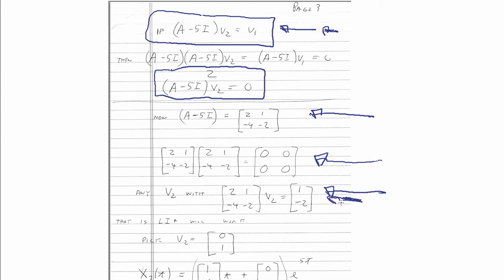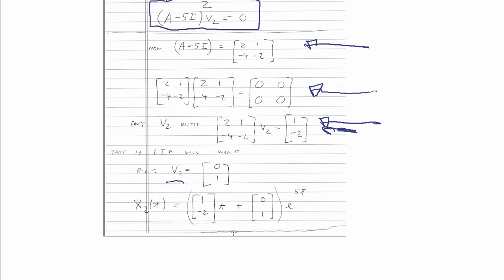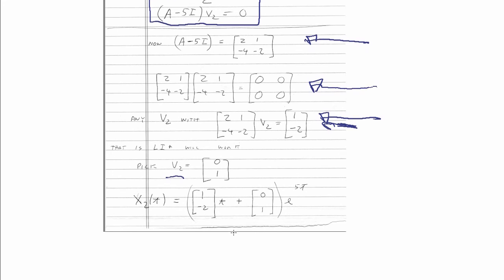Then just looking at it, you see that I can pick v2 to be just the vector (0, 1). And you see that that works. So this leads to our second solution, which I've written here: you take v1 times t plus v2, all times e to the 5t.